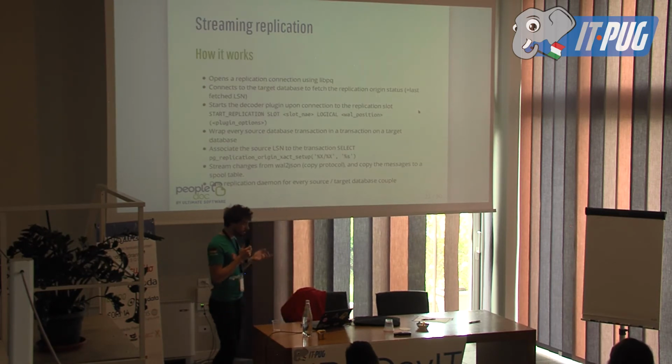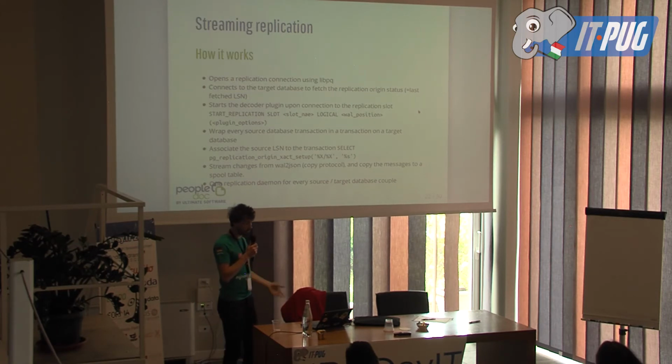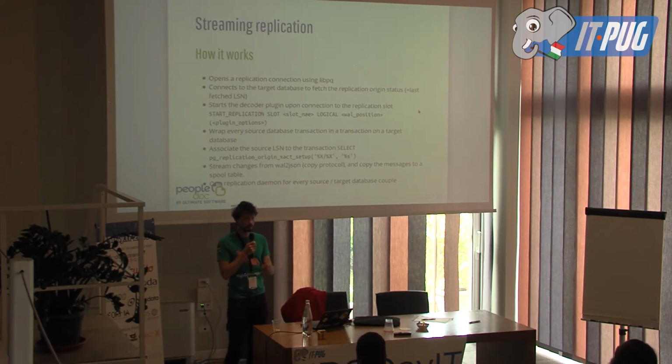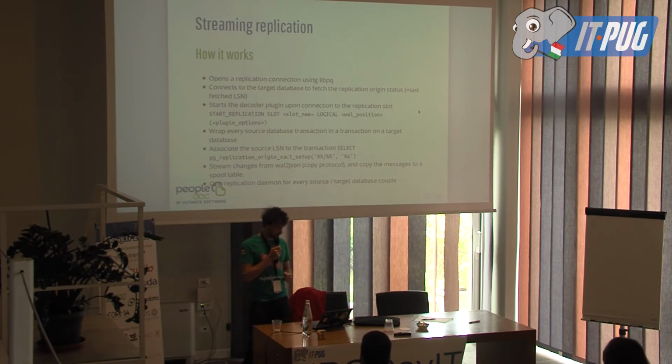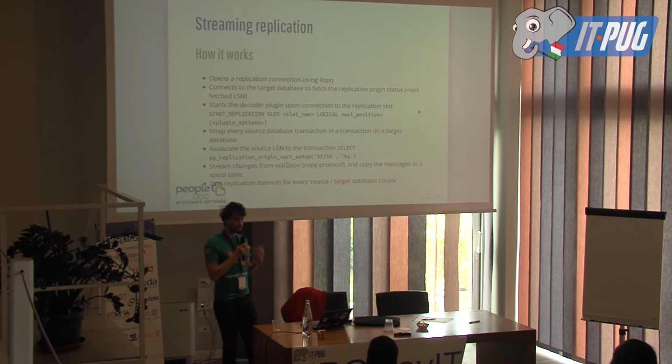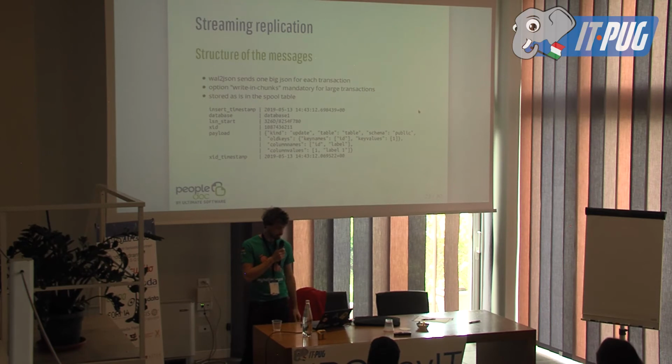So how it works. We open a replication connection, we connect to the target database, and then we start the replication slot with the position fetched from the replication origin on the target. Every source database transaction is wrapped into a transaction on the target database, and we can use a replication origin to track our progress, to tie this transaction to the source transaction.